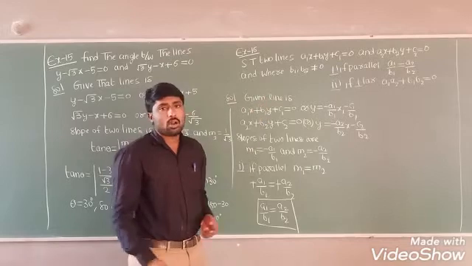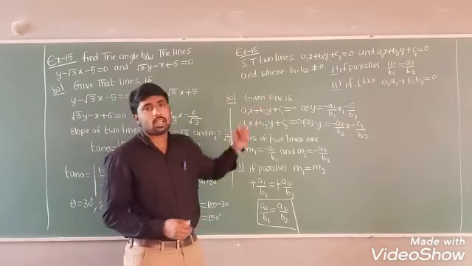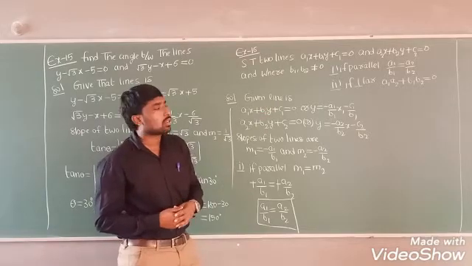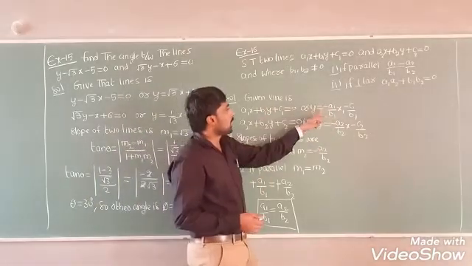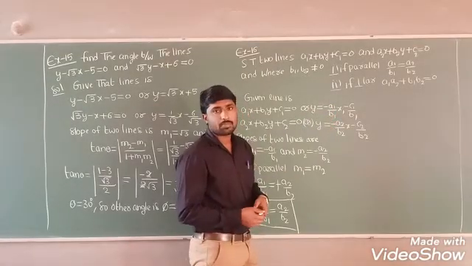Okay, here you have to observe one very important point. If they give the general equation of a straight line, the slope of the line is minus of coefficient of x by coefficient of y.